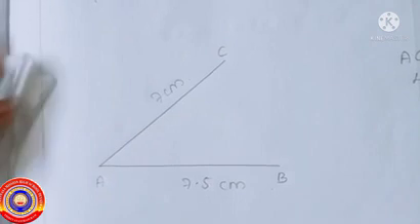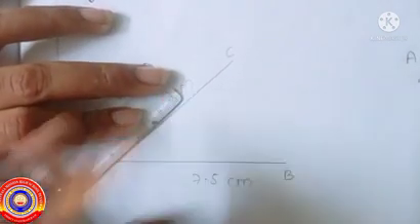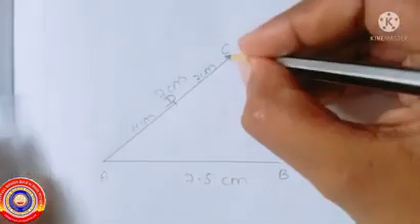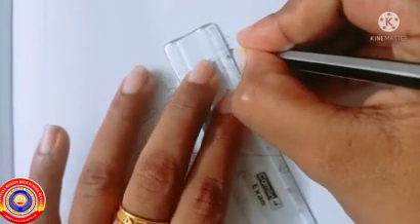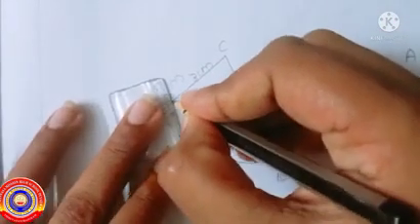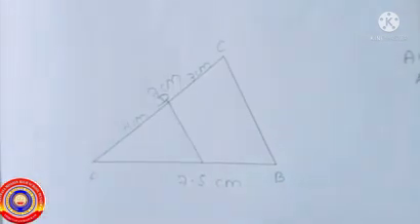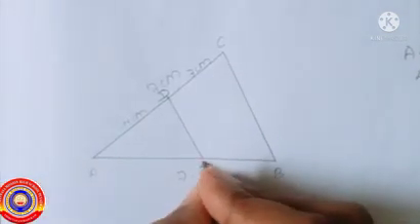Then mark D on this line such that AD is equal to 4 centimeter. After that, draw BC. Then draw a line parallel to BC and passing through D, which meets AB at E.